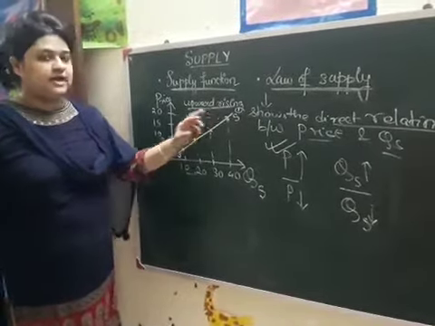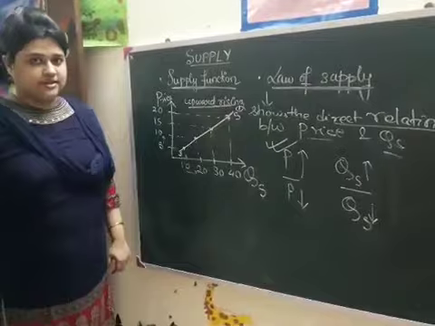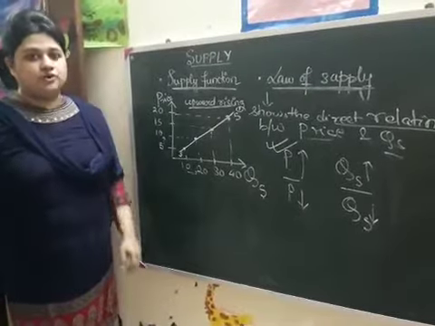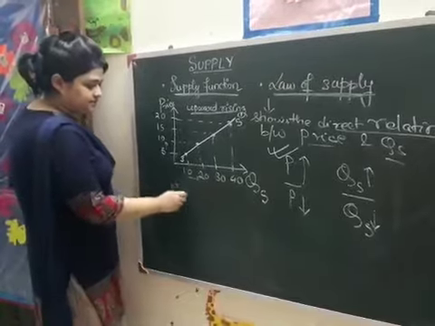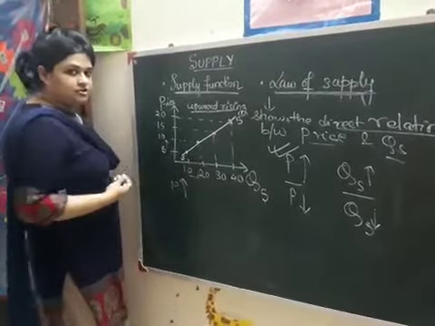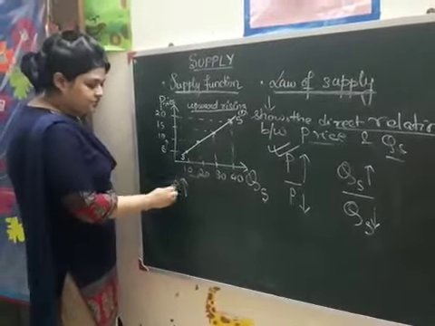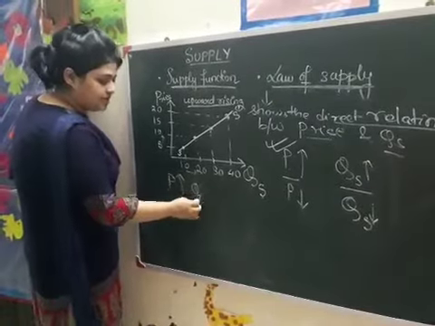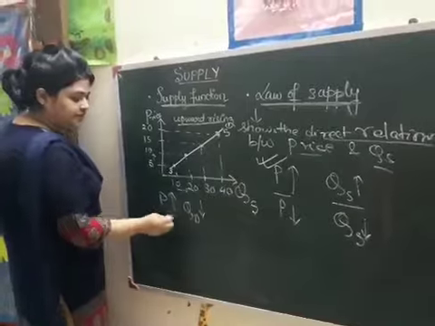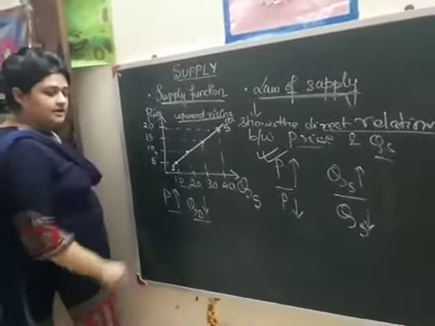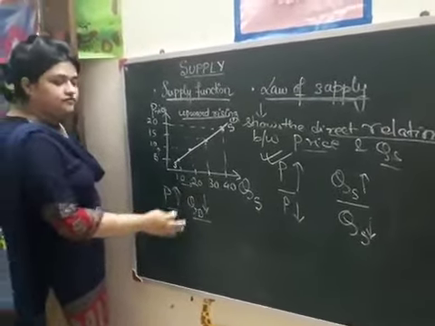And how does it look? It looks upward rising, just opposite of the demand curve. You all know that when price increases, we consumers feel the burden of payment of price, and our quantity demanded of the commodity decreases. So price and quantity demanded are not directly related, they are inversely related.